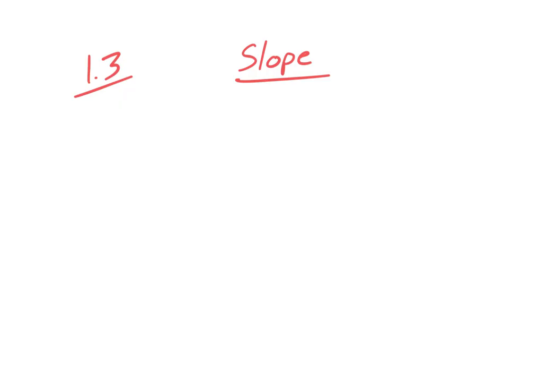All right, so it has to be a linear situation. I'm going to show you what that means and what that looks like. I'm going to give you a table of values here. We've got a bunch of points on here.